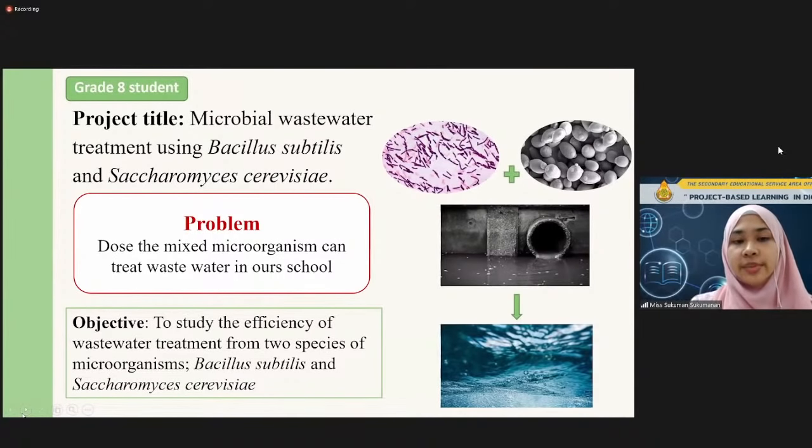They already knew that Bacillus subtilis can treat wastewater, and they searched for information and found that one species of yeast, Saccharomyces cerevisiae, can also adjust the pH of the water. They thought that mixing these two microorganisms together would be more efficient at treating the wastewater in the school.